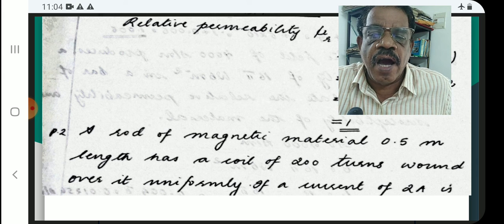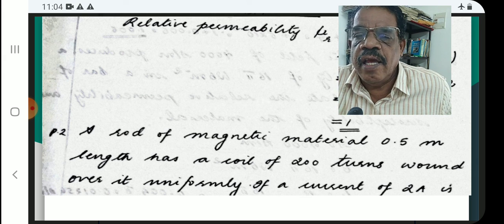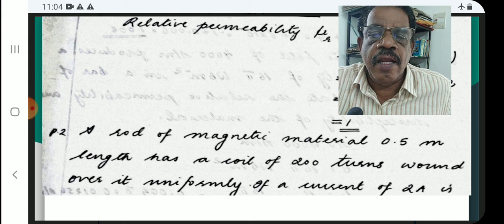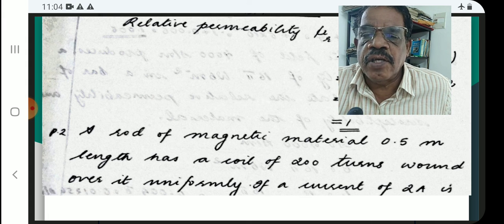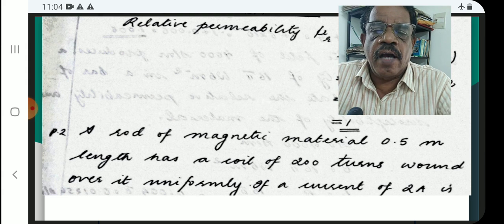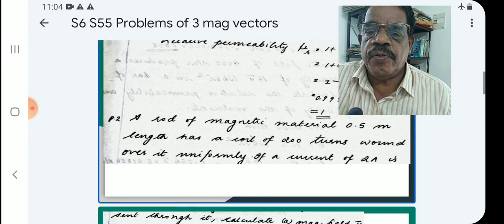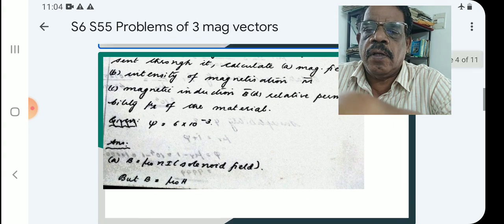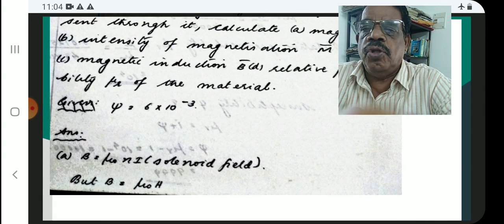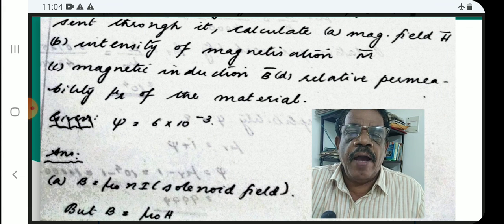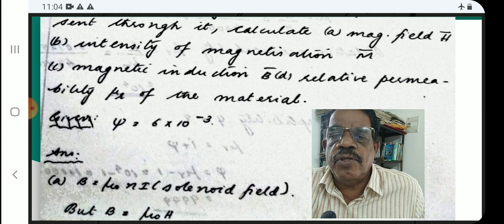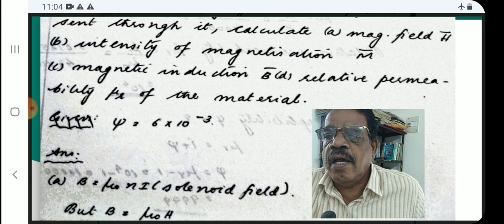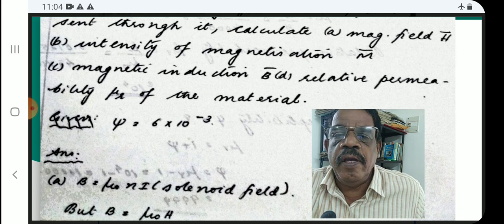If a current of 2 ampere is sent through it, calculate: A, the magnetic field H; B, intensity of magnetization M; C, magnetic induction B; D, relative permeability mu r of the material.